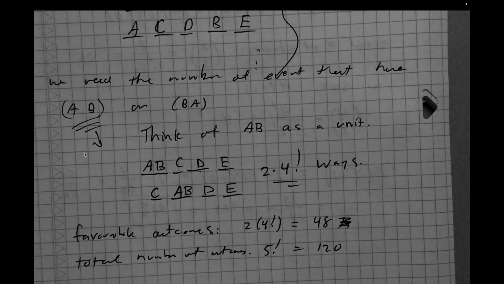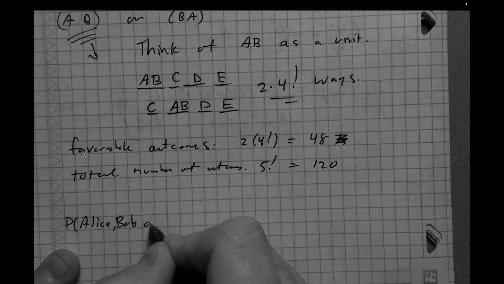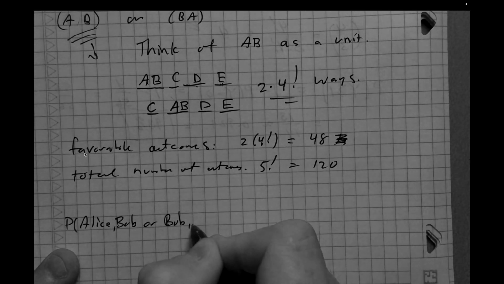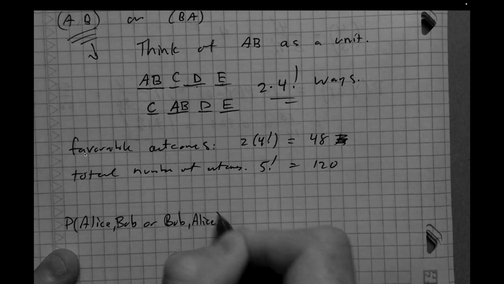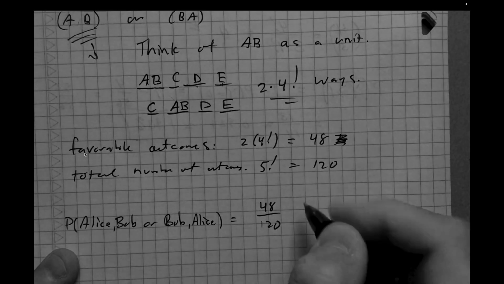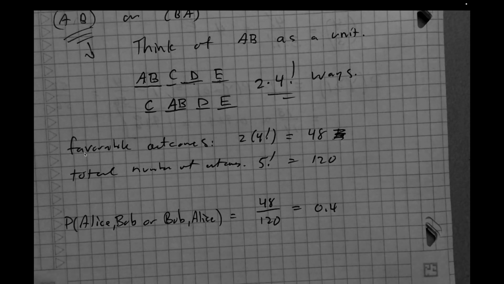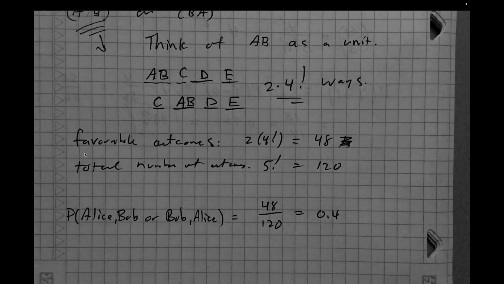So the probability of Alice, Bob or Bob, Alice is 48 over 120, and I think you get 0.4 when you do that. So about a 40% chance that Alice and Bob will sit next to one another somewhere among the 5 chairs.